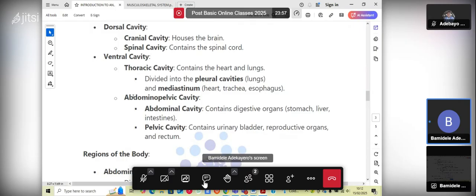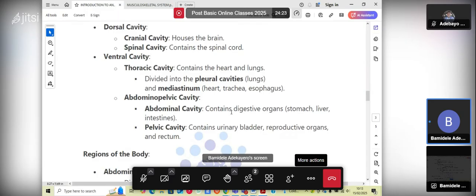Okay, and then the abdominopelvic cavity. Abdominopelvic is a combination of two words: abdominal cavity, pelvic cavity. Because of their proximity, people can mistakenly interchange them, and there are some organs that can extend in the abdominal and pelvic cavity as well.